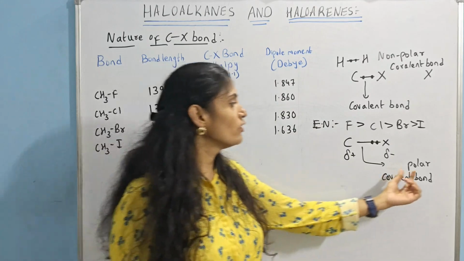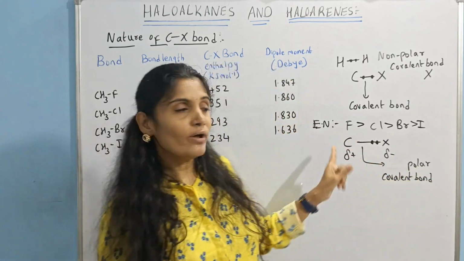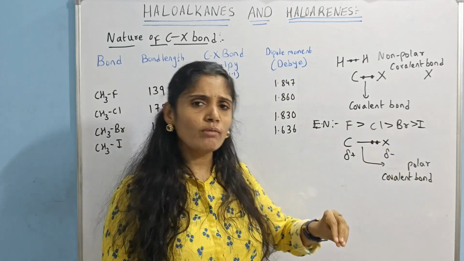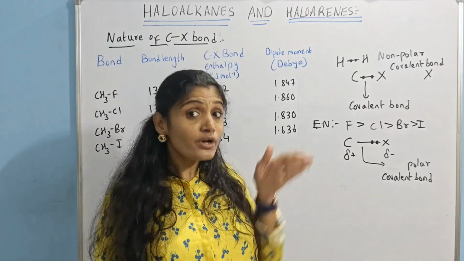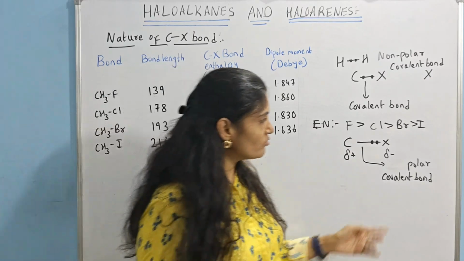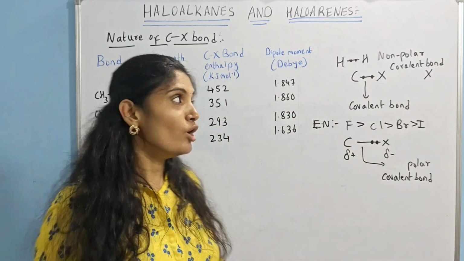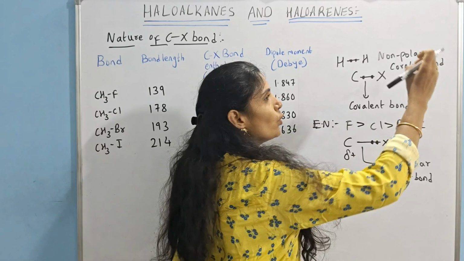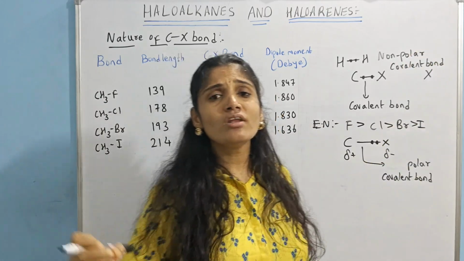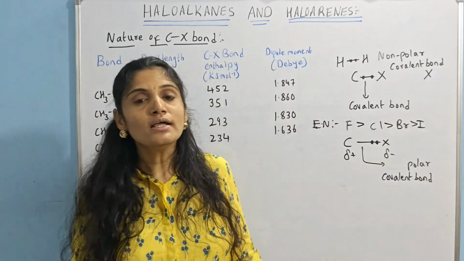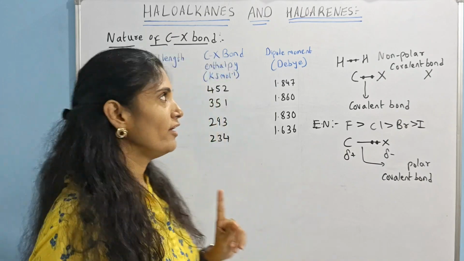Carbon and halogen have a considerable electronegativity difference, so I call this bond my polar covalent bond. If someone asks you what is the nature of the carbon halogen bond, that bond is your polar covalent bond.